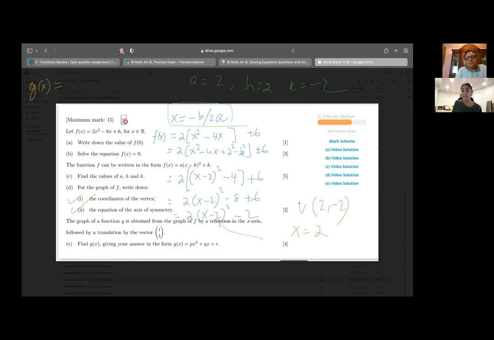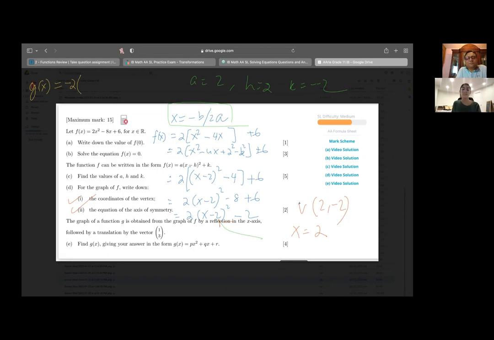There's a reflection on the x-axis, meaning that we would put a minus in front of the vertical stretch, because that applies to the y value. Correct. So it'd be minus 2(x - 2) squared minus 2.